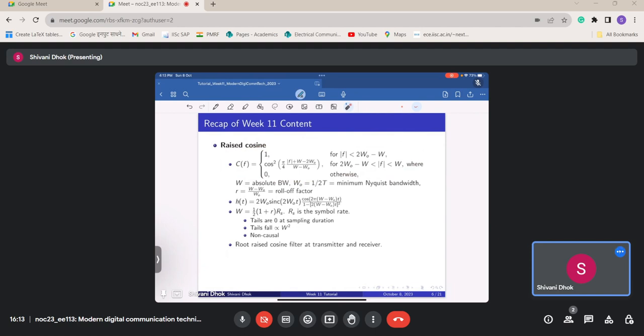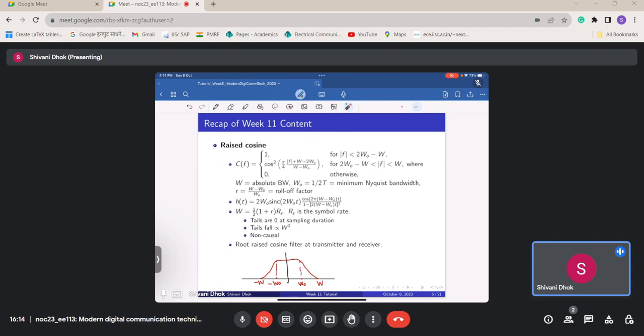Now here in this formula, this W is the absolute bandwidth. What do we mean by that? Let's say the frequency response for this raised cosine goes something like this, and let's say this is minus W0, and this is W0, this is W, this is minus W. So your W is the absolute bandwidth, that is this entire bandwidth, and W0 will be 1 by 2T, which is the minimum Nyquist width.